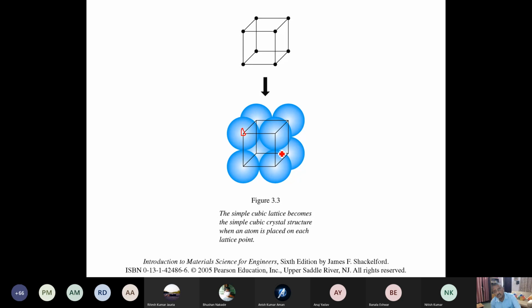So 8 corners multiplied by 1/8 makes 1, so the number of atoms per unit cell is equal to 1.